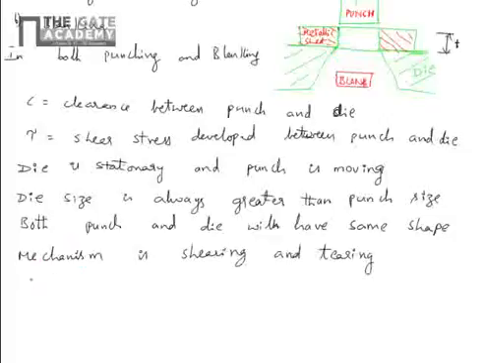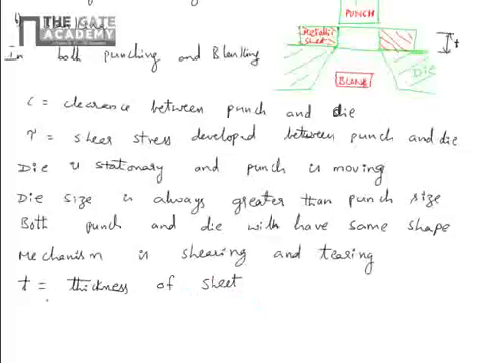So that's about common aspects of punching and dyeing. T is equal to thickness of the sheet. C, anyway, we have discussed.